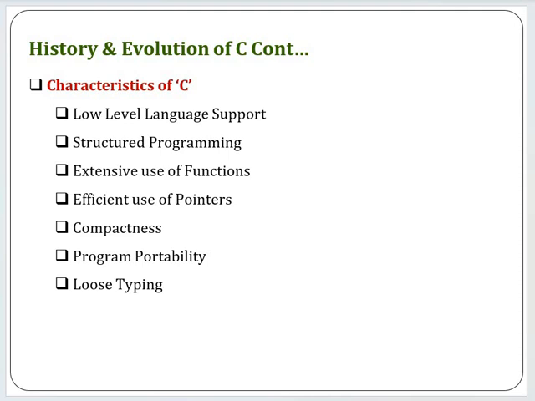Compactness. So C code is often concise and efficient, leading to smaller and faster programs. Program portability. So C code can be compiled and run on different platforms with minimal changes. And then last is loose typing. So C allows for implicit type conversions, which can be both an advantage and a source of potential errors. These characteristics contribute to C's versatility, efficiency, and popularity in various software development domains.